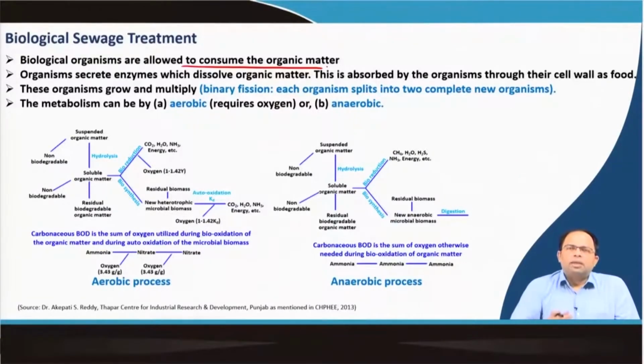That means biological organisms act upon the sewage, and the organism secretes some enzymes which dissolve the organic matter, and this is actually the food for the biological organisms. Once they get food, they grow and multiply, and then they further consume more of this waste, till there is no further organic matter to consume.